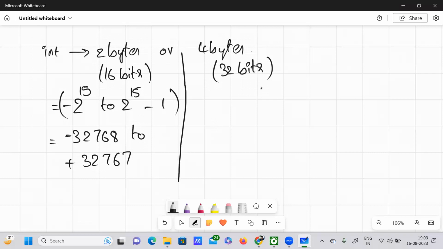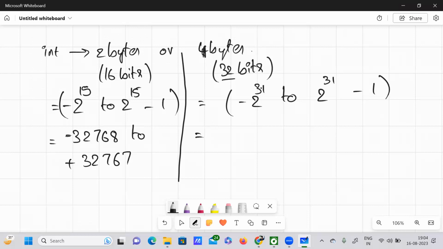Now consider if your integer is actually taking 4 bytes, then the number of bits would be 32 here. Then the value would range from minus 2 to the power of 31 to 2 to the power of 31 minus 1.